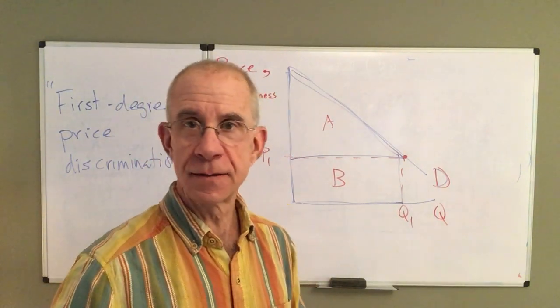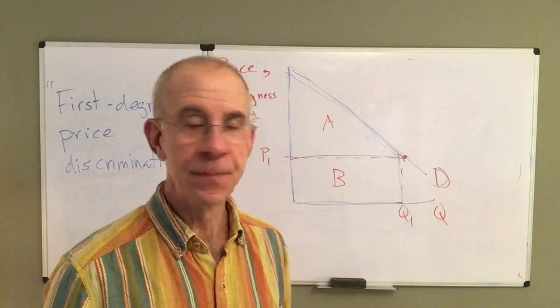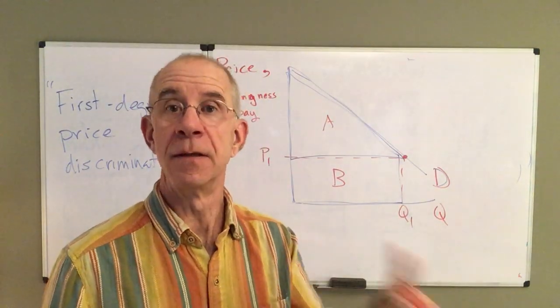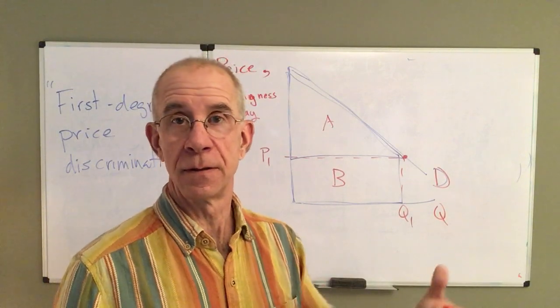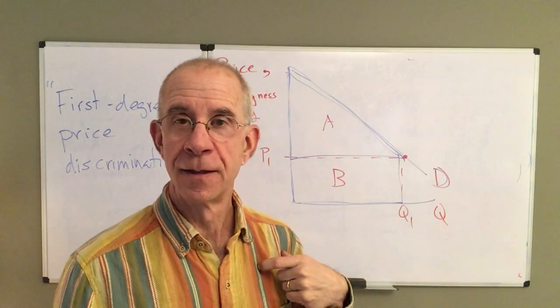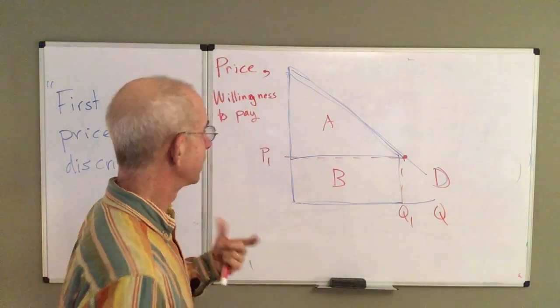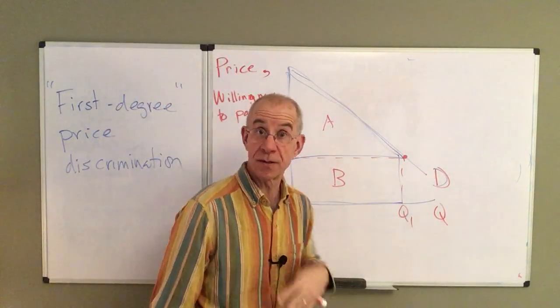Now, that's a very nice situation for a firm. They're able to pull out into their revenue all of those benefits associated the consumers used to get through consumer surplus if you had a simple price.